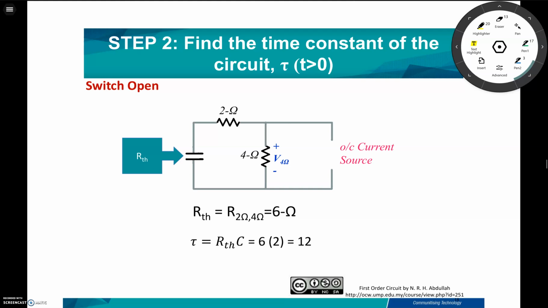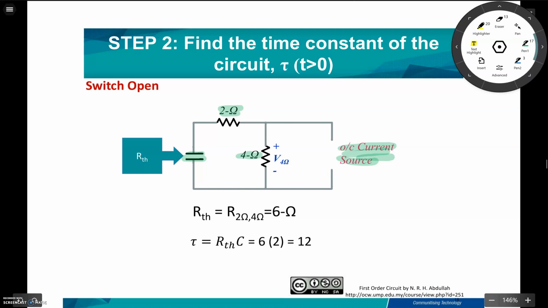So this is the circuit when the switch is open. You can see that there is a resistor, there is a capacitor, and then 4 ohm.